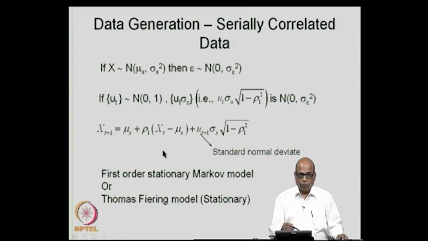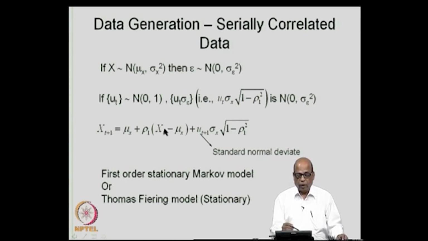We start the process by assuming a value of x t. Let us say you want to generate x 2 to kick start the process. So, first you assume x 1. Remember, once you calculate these parameters, these moments mu x, rho 1 and sigma x, you forget about the data. You have to deal only with these moments mu x and sigma x and rho 1.